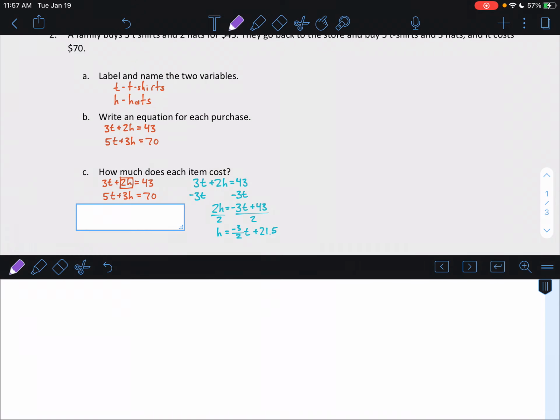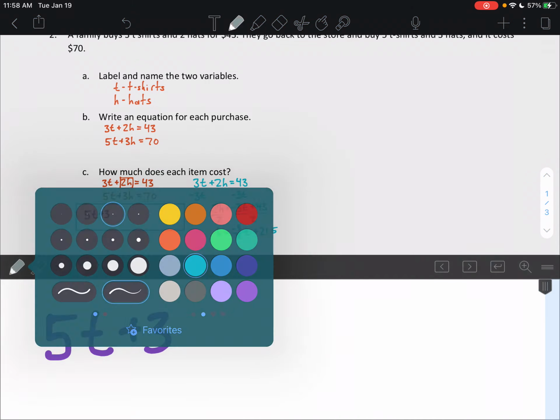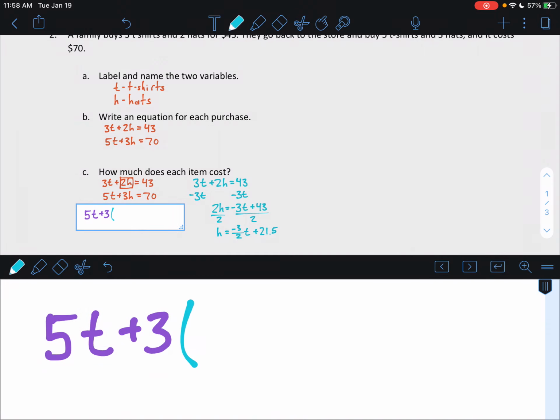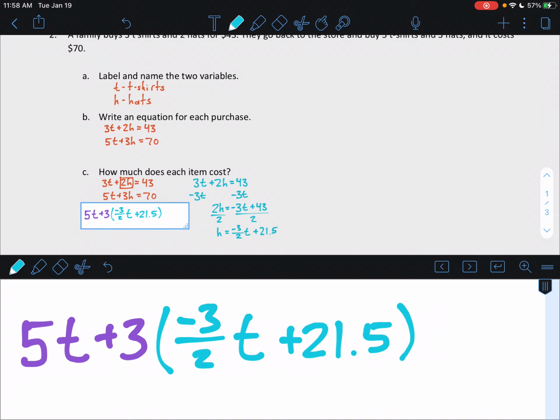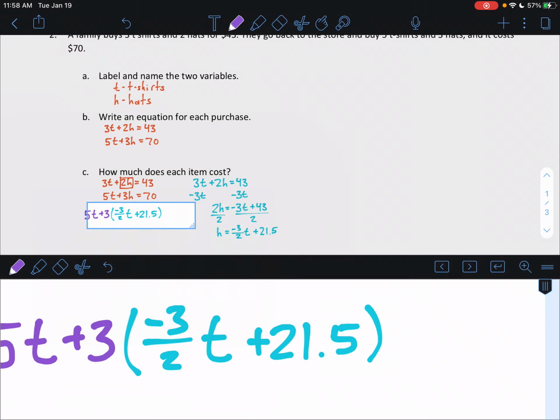So I have 5t plus 3 parentheses. No, not that one. This one. So I said h was negative 3 halves t plus 21.5. Equals 70.